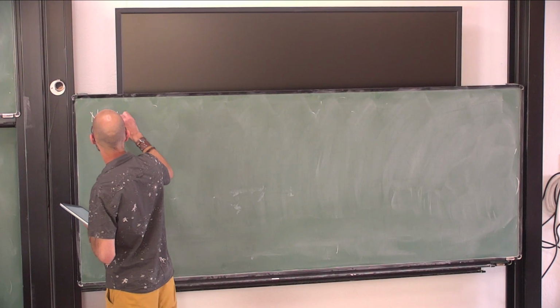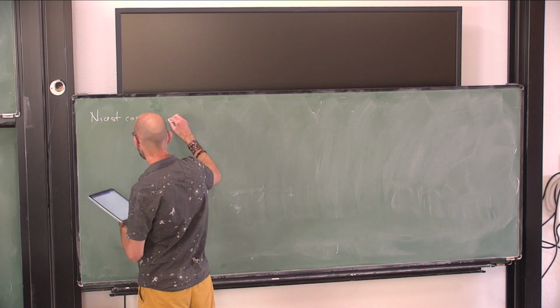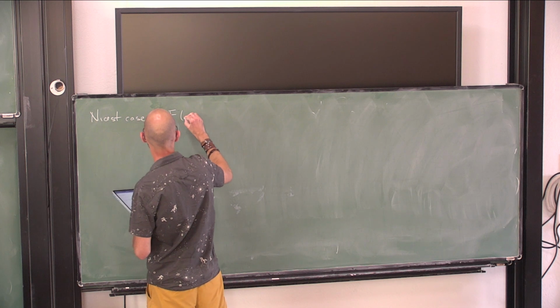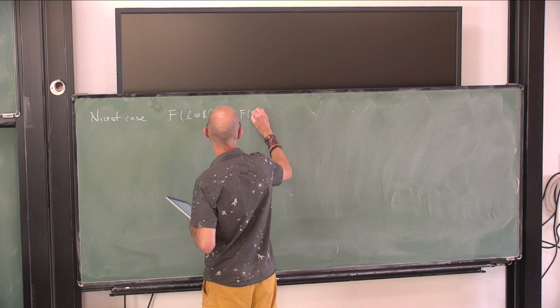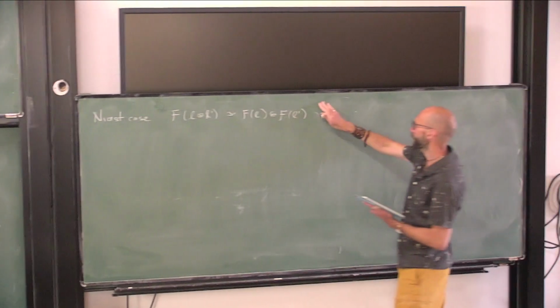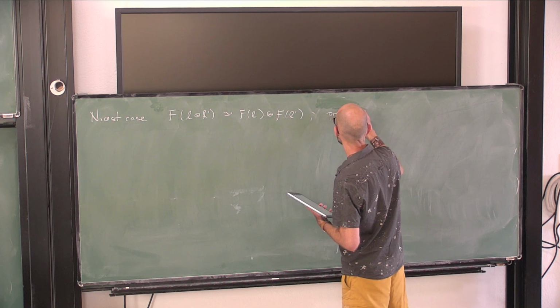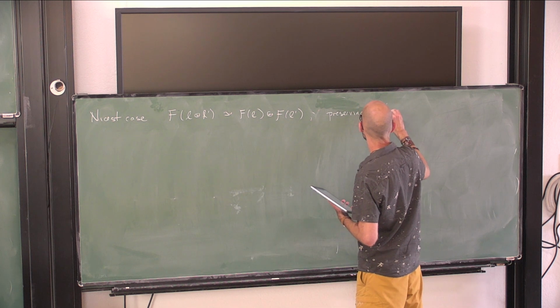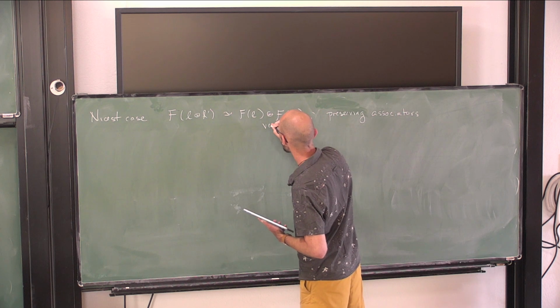The nicest case is that you actually do have an isomorphism. But more so, you have an isomorphism preserving associators. And again, this is over Vect.